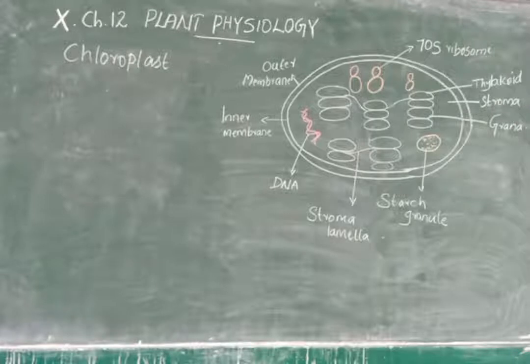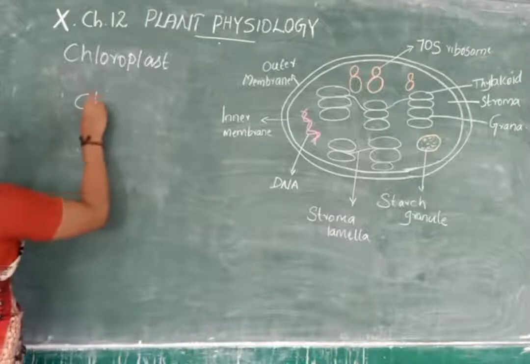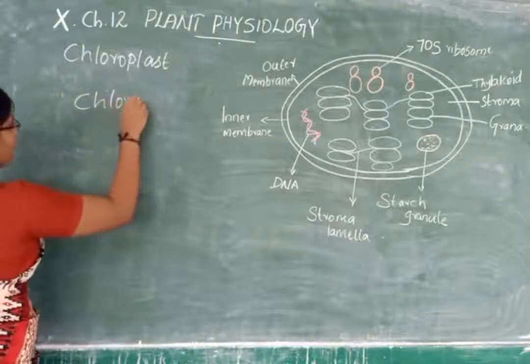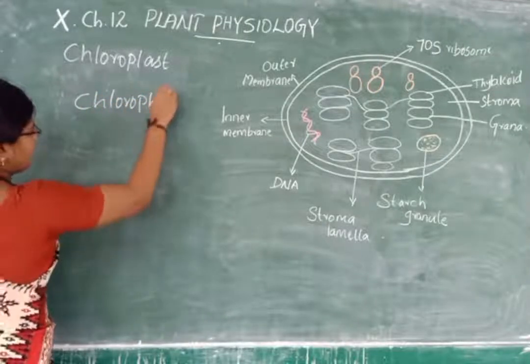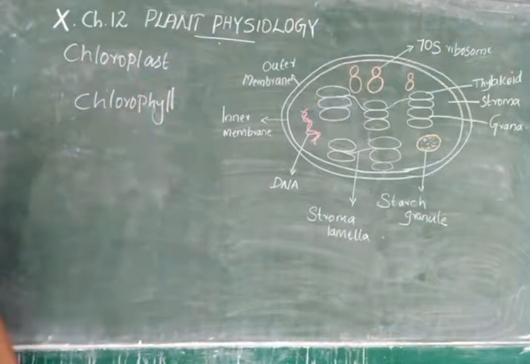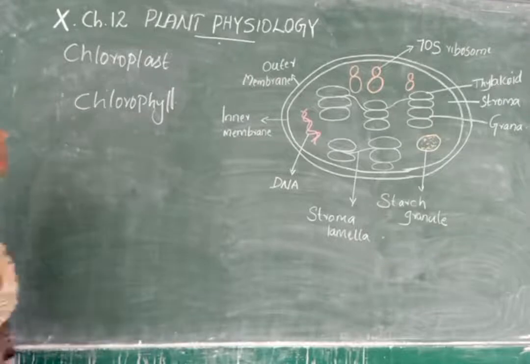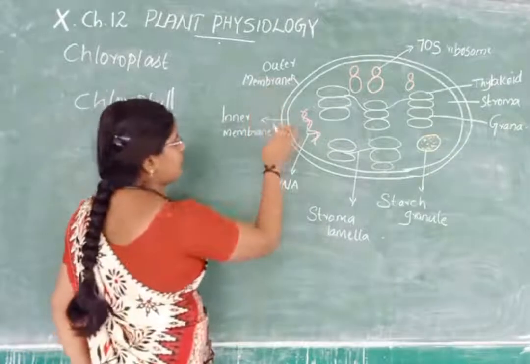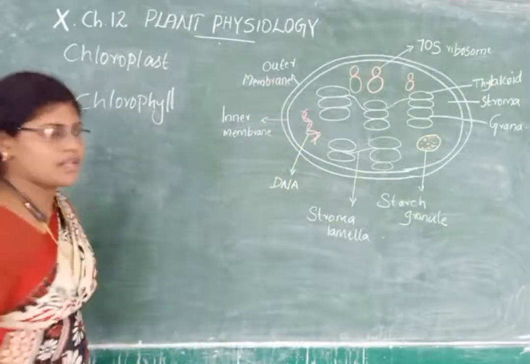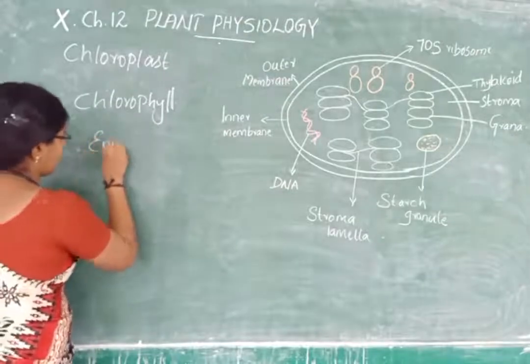That pigment is called chlorophyll. This is a necessary pigment for photosynthesis. So chloroplast contains an outer membrane and an inner membrane, that is, an envelope.